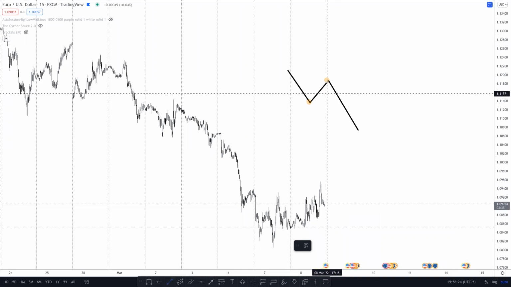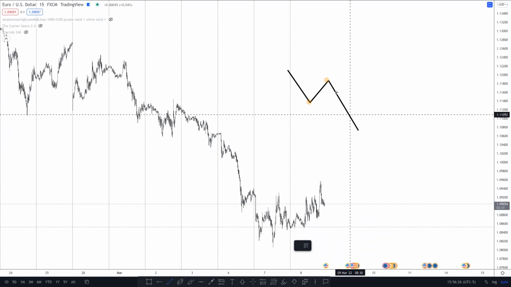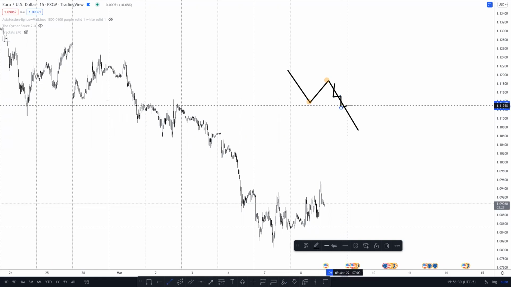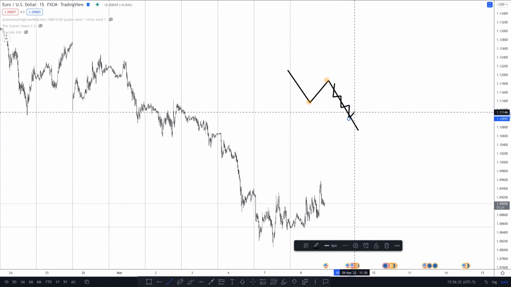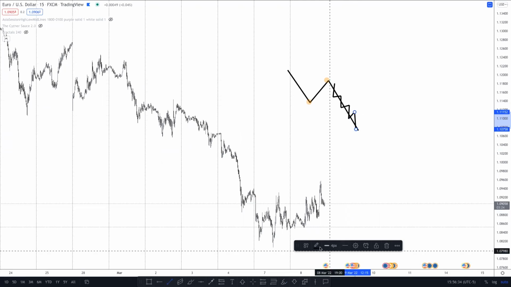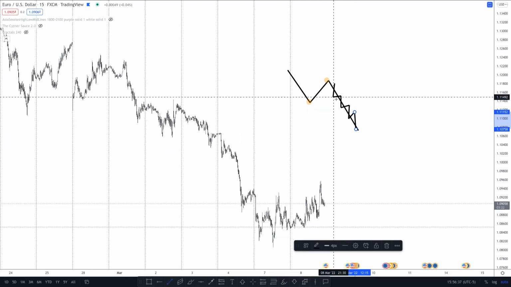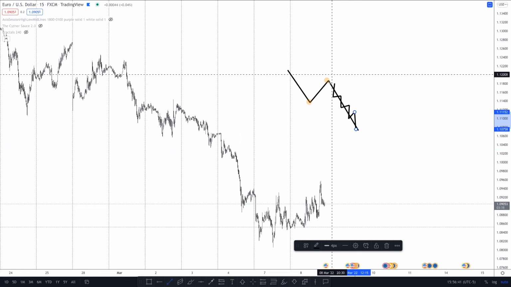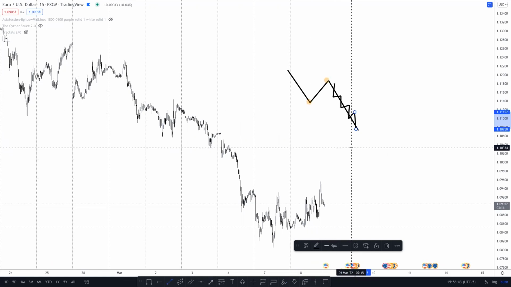So while the weekly is coming down here, the daily is fractally making moves within the weekly time frame. All this is making lower lows and lower highs within this lower high and lower low.